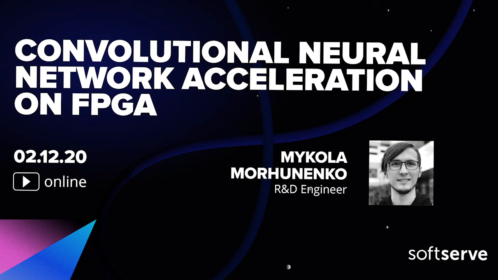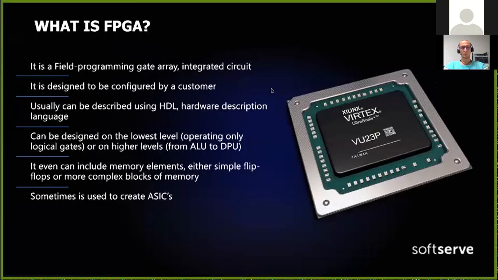about CNN acceleration on FPGA. So first of all, what is FPGA? FPGA is a field programmable gate array. It's an integrated circuit consisting of a lot of semiconductors, and it is designed to be reconfigured by customers at the time of usage.